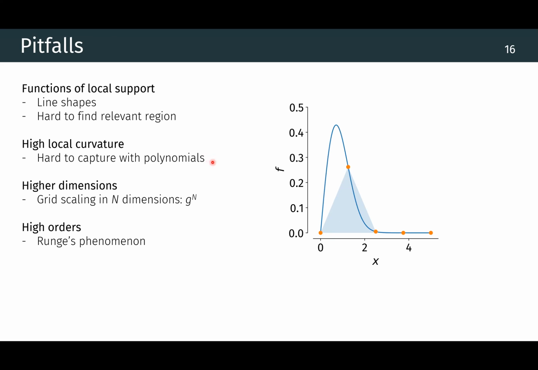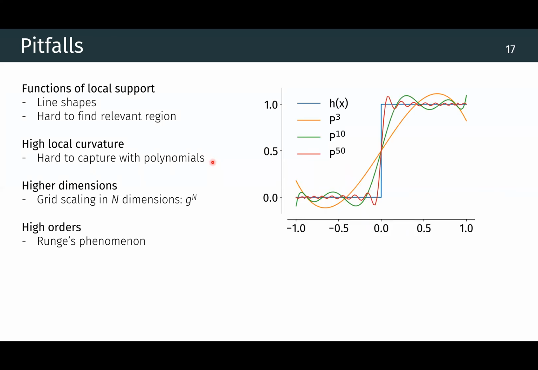The other problem might be high local curvature. So if you think of this step function, the blue function in the background, then it has an infinite curvature right here, or here, depending on how you look at it. And this is awful to interpolate from polynomials. So if I have all these points in these regions and I interpolate things with polynomials, then this is what you see here.